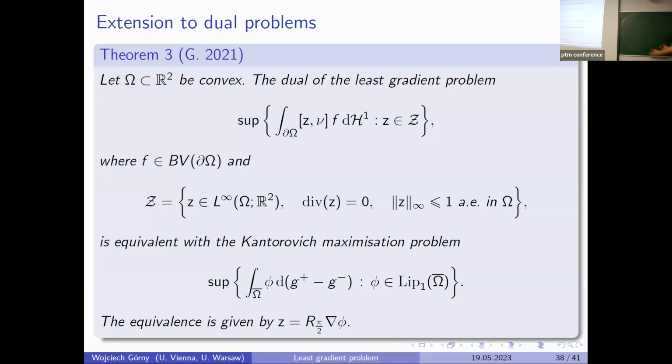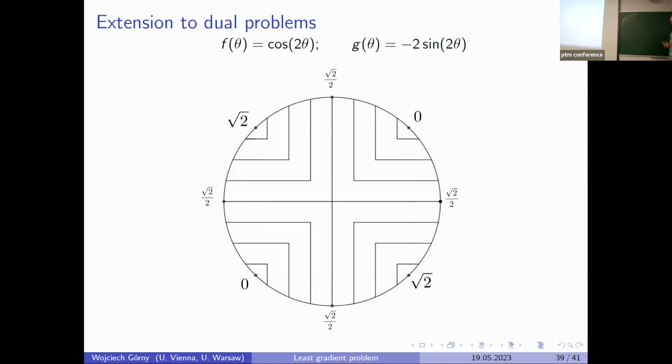So we can find the Kantorovich potential, and from this compute some object which gives us the structure of solutions to the least gradient problem. And again, to end with a picture, here are some boundary data for which we can find the following Kantorovich potentials. Here we now modify the boundary data in such a way that they have a discontinuity.